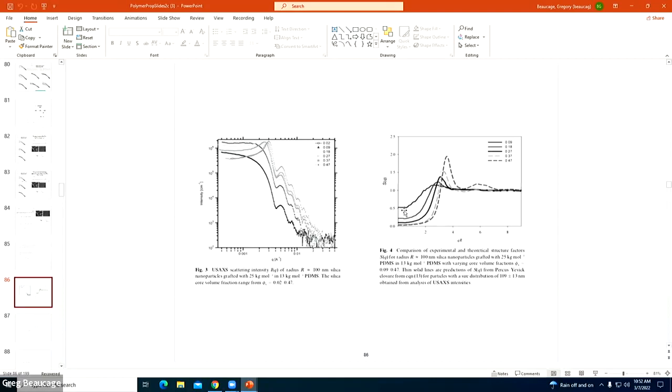So then it depletes when you get to the low end. Right. So this end here is exactly the same between mean field and specific interaction. The specific interactions come about in here. And you see this peak goes to the right to get smaller, because as you increase the concentration, the packing gets tighter.